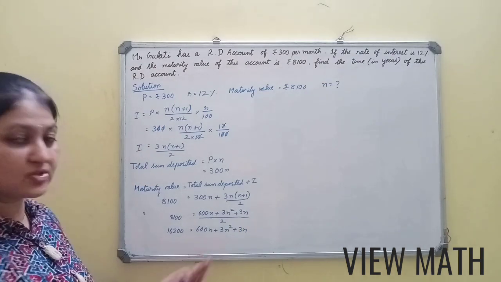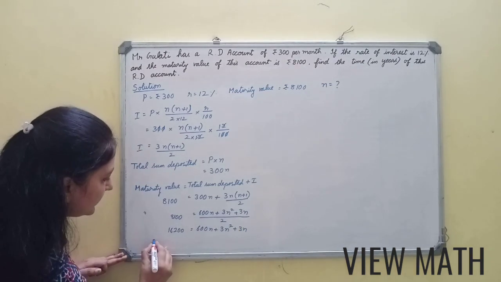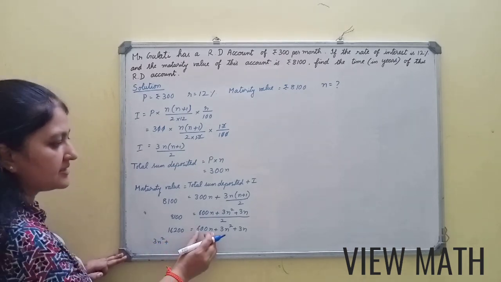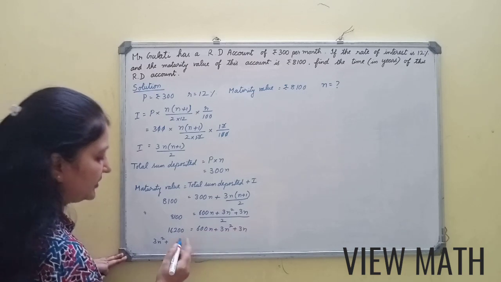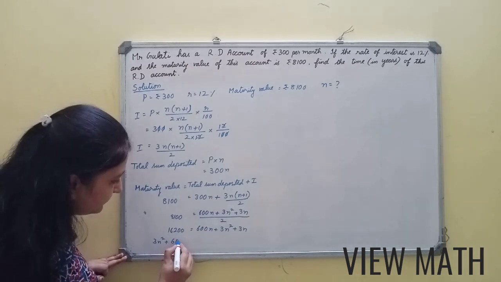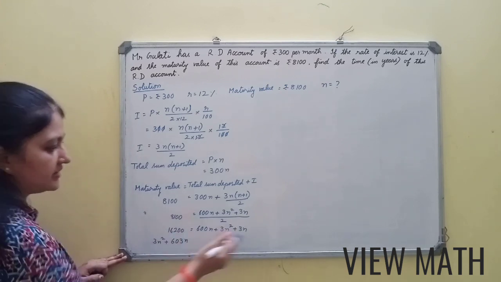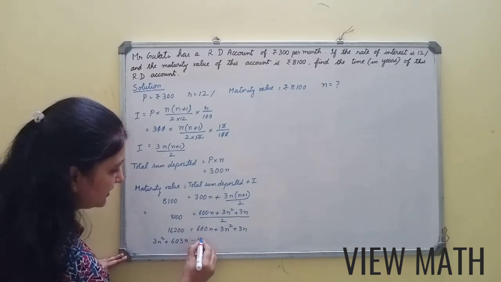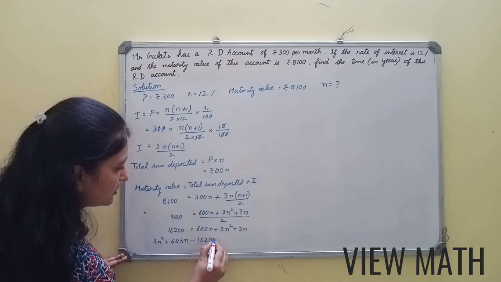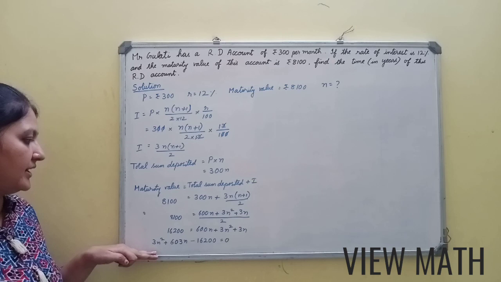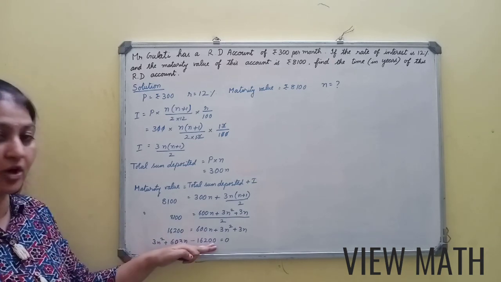Let me take all the terms to one side. I'll be getting 3n square plus 600n and 3n. Let me add. I'll be getting 603n. Let me bring this to the other side. I'll be getting negative 16,200, which is equal to 0. Now I can see here 3 is common.